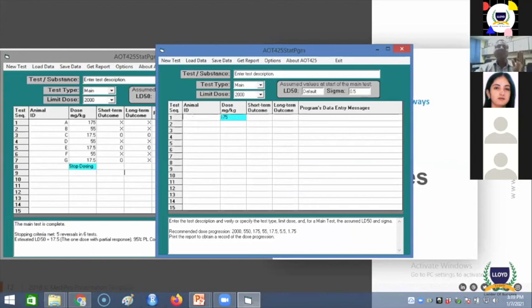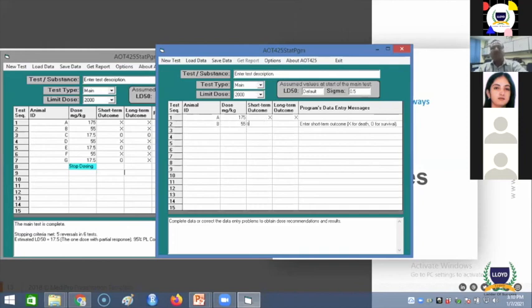They can calculate by using acute oral toxicity 455 guideline. Just look at this. See, the student has to enter the name of the animal, whether the animal died or the animal survived. Okay. The software will suggest that the next dose should be 55. So next animal you have to dose with 55.